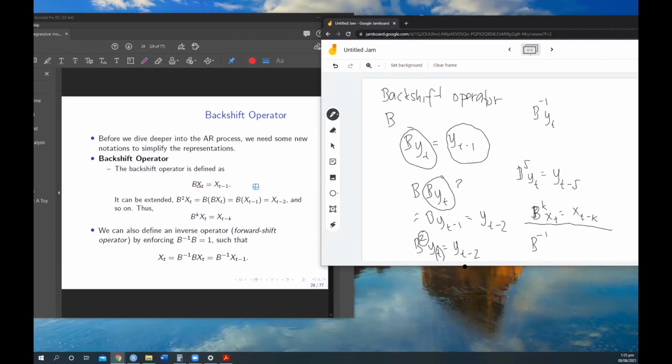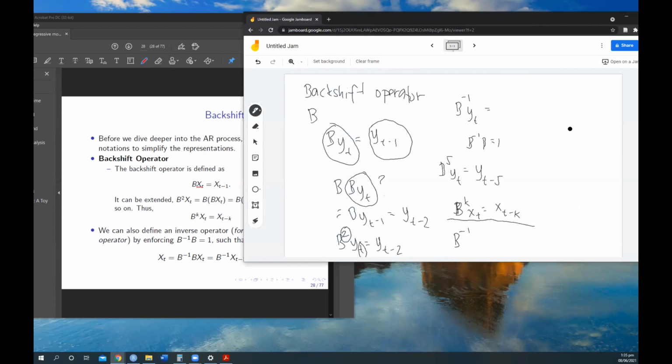Okay? So pag inverse kasi, it should be B inverse B equals 1. So therefore, we can say that Yt must be equal to B superscript minus 1 B Yt.